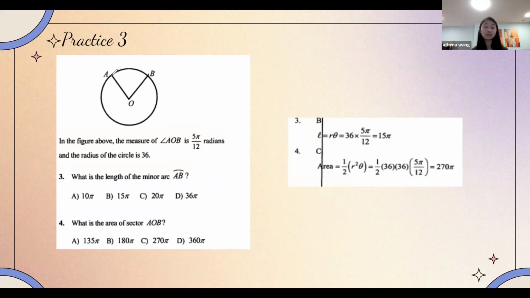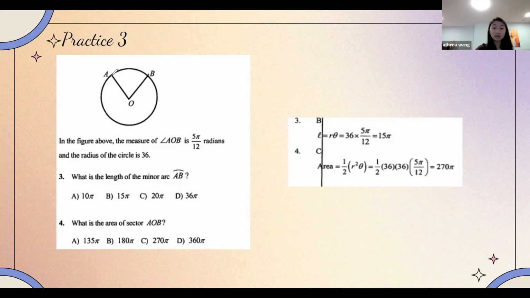Now if we're trying to find the area of the sector AOB, we also have our formula from before, which is just 1/2 radius squared times theta. But we can also derive this, which I like doing because it's more intuitive. How can we get 1/2 of r squared theta?